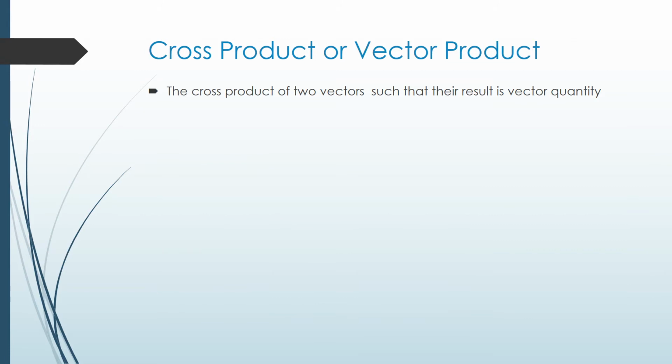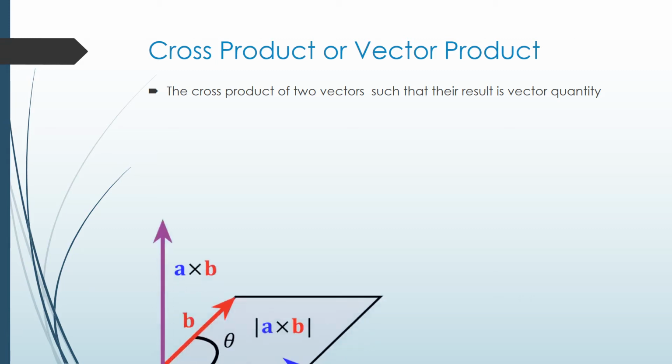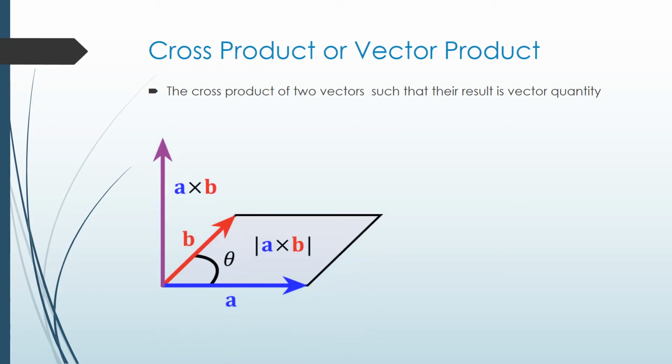Now the cross product. So what is meant by the cross product or vector product of vectors? The cross product of vectors is such that the result is always a vector quantity, which means if you take the product between the two vectors, the result is always a vector having magnitude in a certain direction.